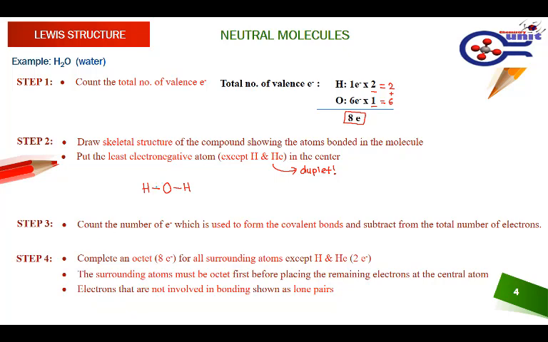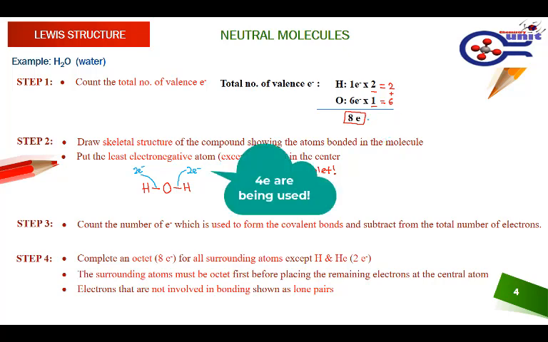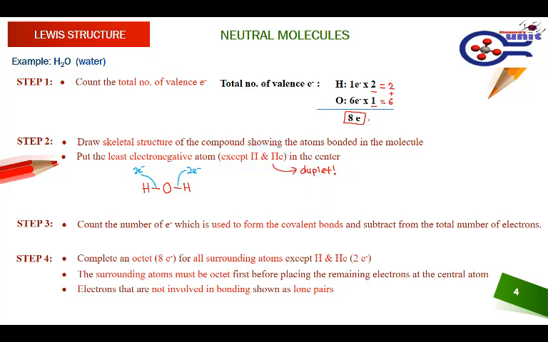Now, we will proceed to step 3. Step 3 is to calculate the remaining electrons. Each single covalent bond consists of 2 electrons. There are 2 covalent bonds in the skeletal structure of the water molecule, showing that 4 electrons are being used from the 8 total valence electrons. So, the remaining electrons are 8 minus 4 equals 4.